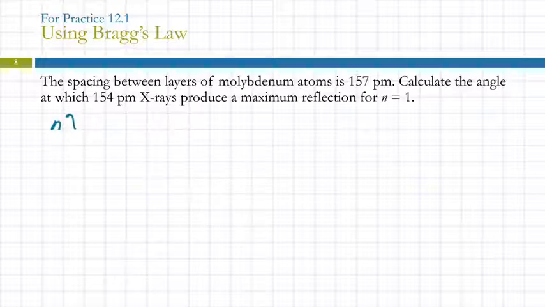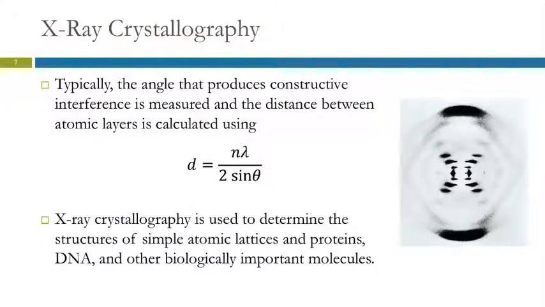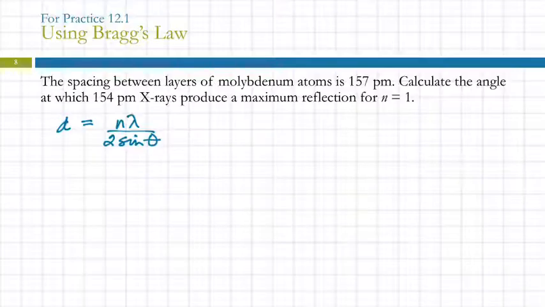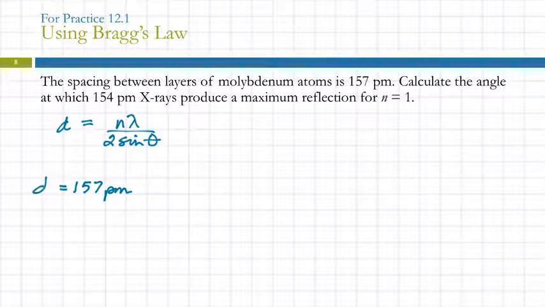So, well, let's do it this way. d is equal to n lambda over 2 sine theta. Did I get that right? d equals n lambda over 2 sine theta. So what are these numbers that they're giving us? What's 157 picometers? Yeah, that would be d, the spacing between the layers of the atoms.